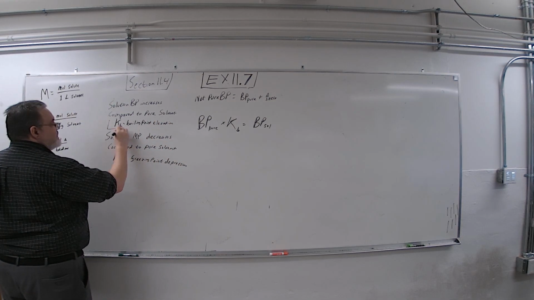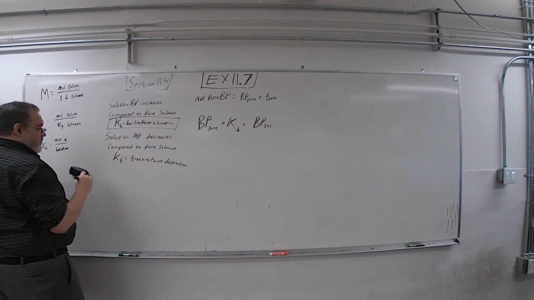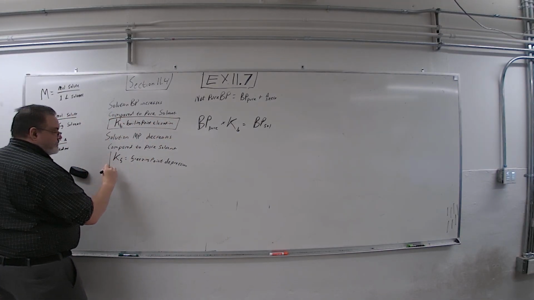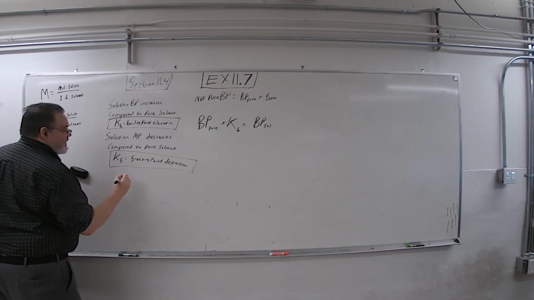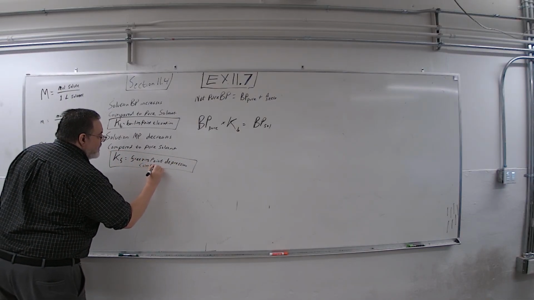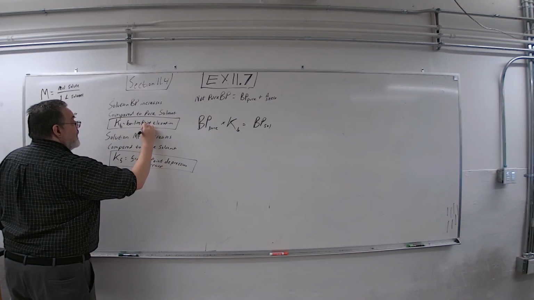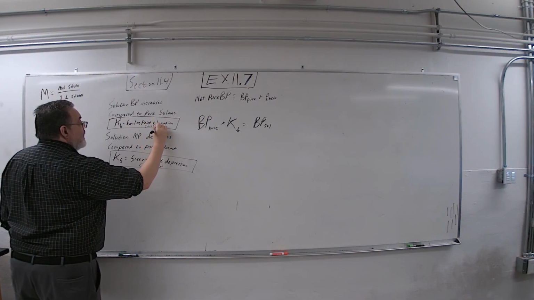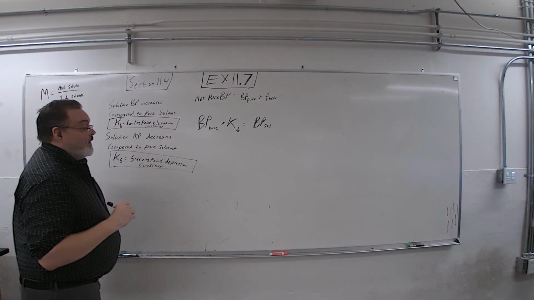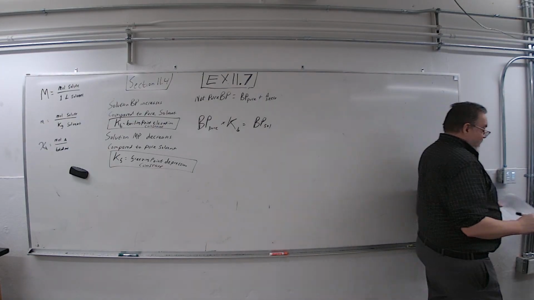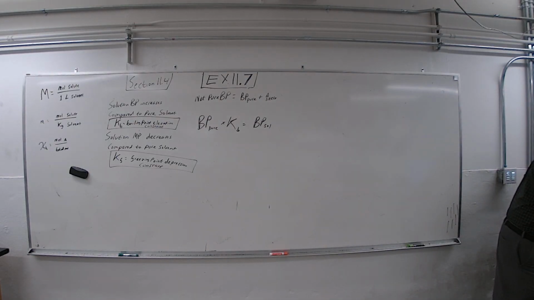So these constants, boiling point elevation, freezing point depression constant. So 11.7 is the way it's phrased. Assuming ideal solution behavior, what is the boiling point of a 0.33 molar solution?